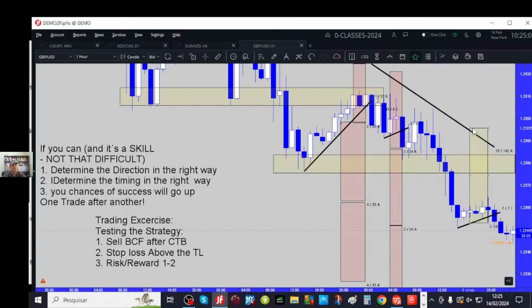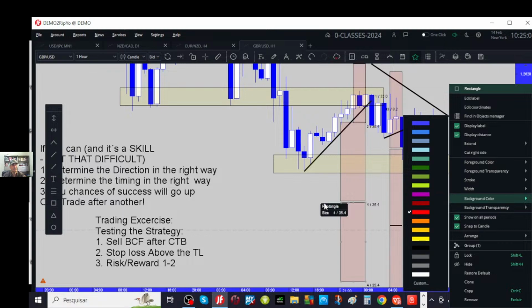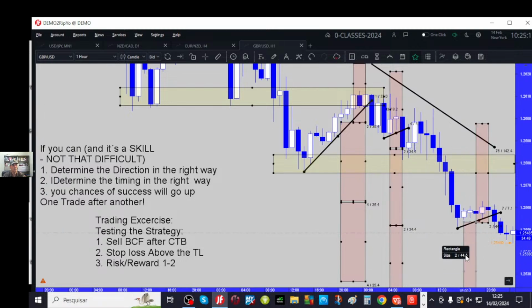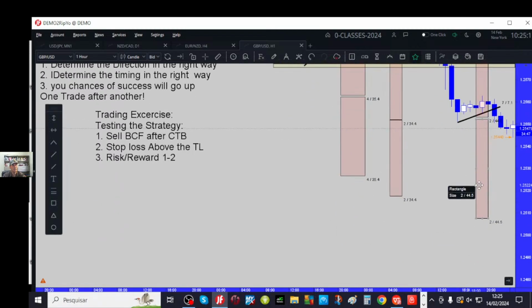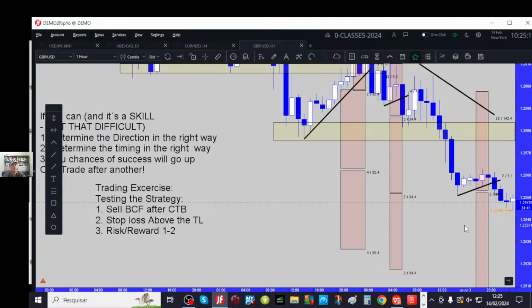Okay, stop loss above the trend line, right? Give it a second. 1 per 2, and down in here, and right click down in here. Let's see how this is going to play out.